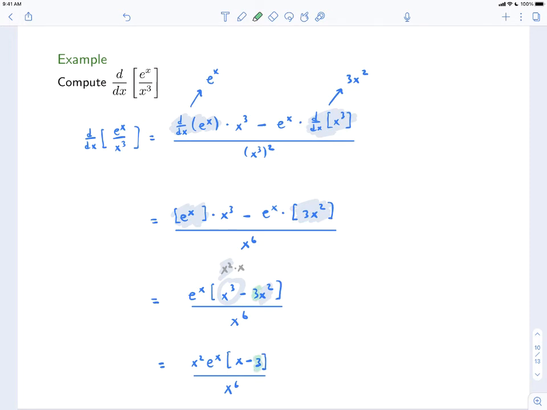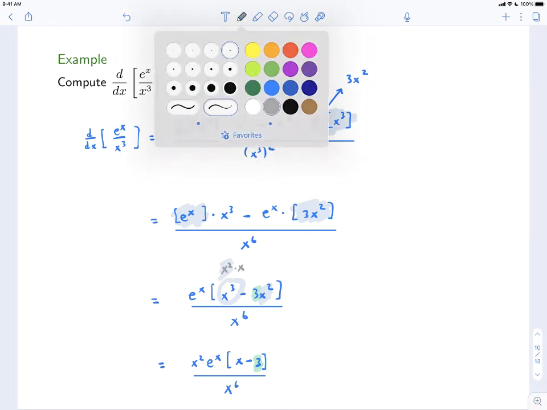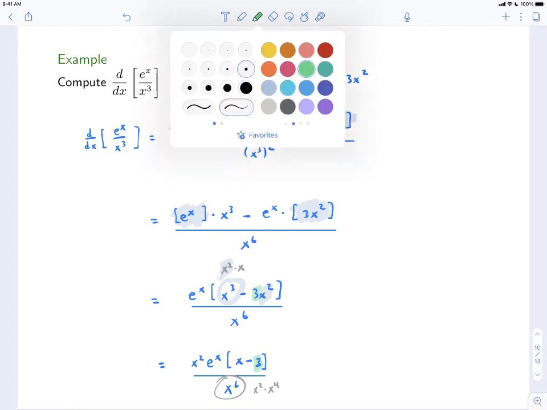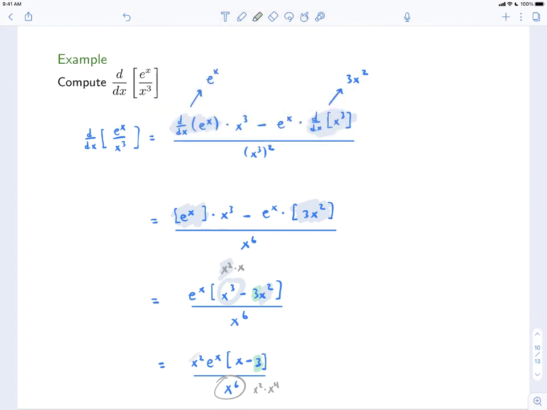Okay, so notice that we have an x squared here in the numerator and an x to the 6 in the denominator. So this x to the 6 we can rewrite as x squared times x to the 4th, and then we can cancel out our x squareds. So this x squared cancels with that x squared, and we're just left with x to the 4th in the denominator.